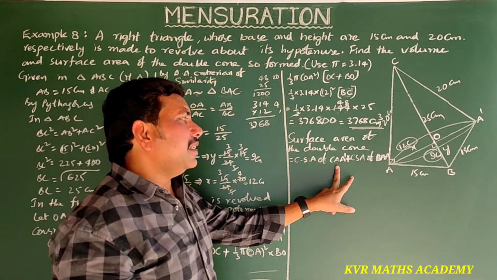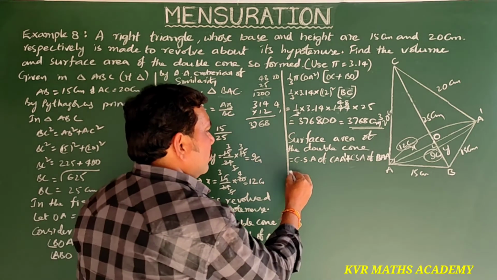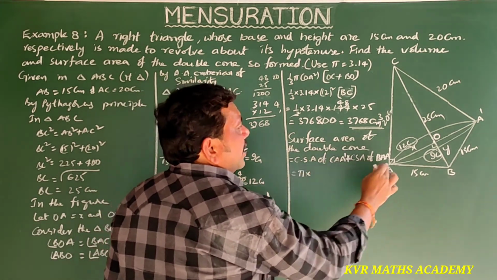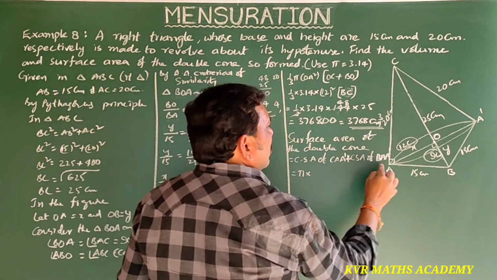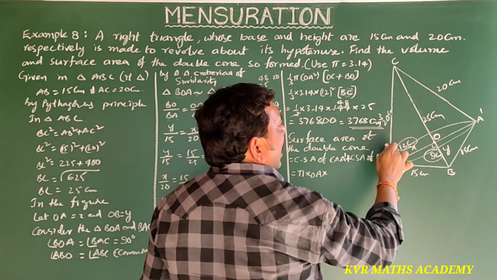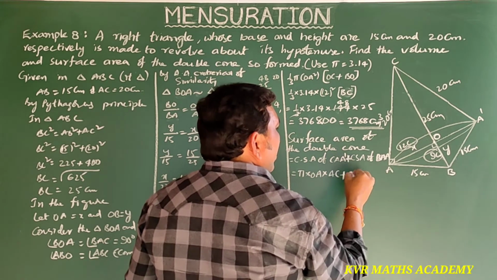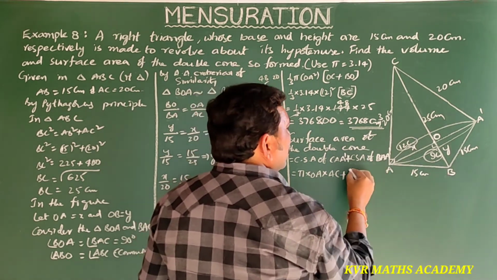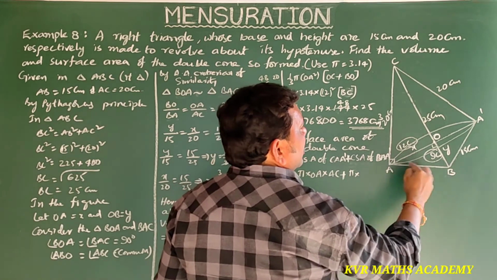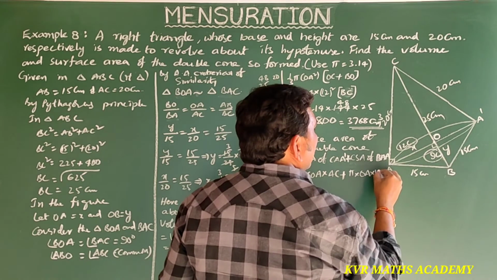What is the CSA of a cone? Pi r l. So pi into radius, which is OA, into l, the slant height, which is AC, plus the CSA of BAA dash, which is pi into OA into its slant height, 15.